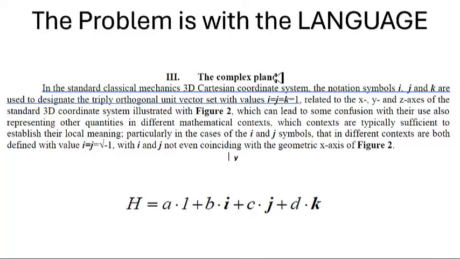So this is the problem with the language where they use letters i, j, and k. These letters here are not the same as these letters here, but when you use them together in the same paper without clarifying, then one might begin to think that this i, j, and k are the same as this i, j, and k. With this paper, the main problem is where i equals j equals k equals 1 does not define triply orthogonal unit vectors.